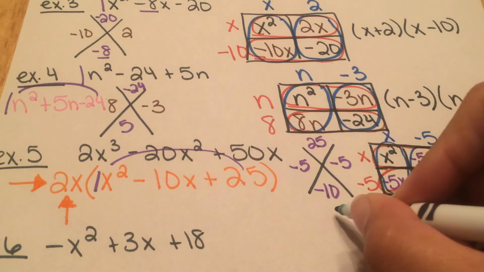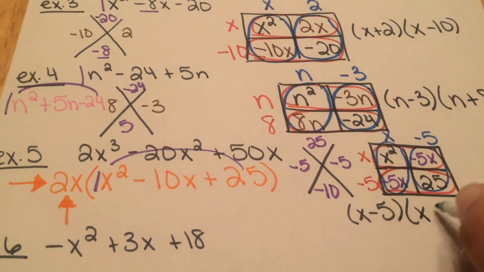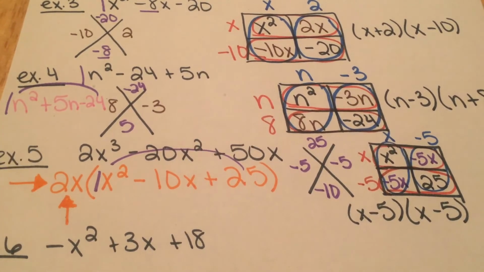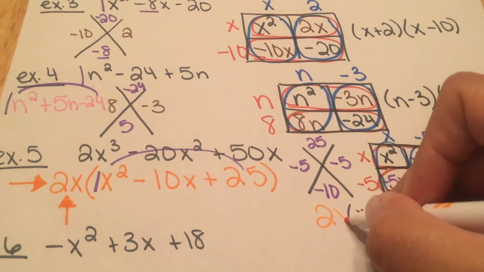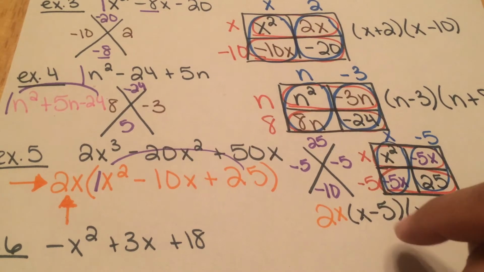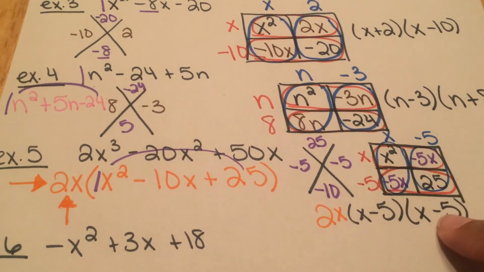So there's a couple of things that we're going to do here. I'm going to go ahead and put my x minus 5 and my x minus 5. But remember, we had that 2x. So we also need to incorporate that. So I'm going to bring that over here and put it in front of my factors. But what we notice also is that this factor is the same as that factor.